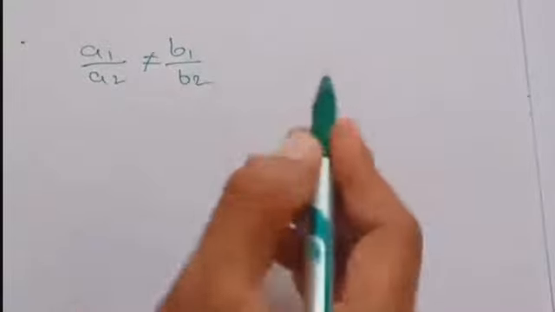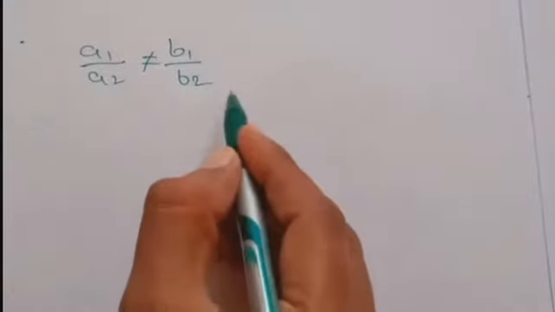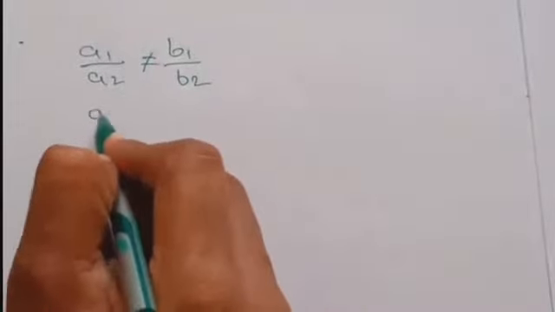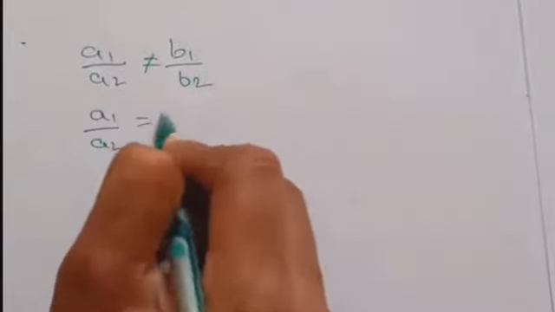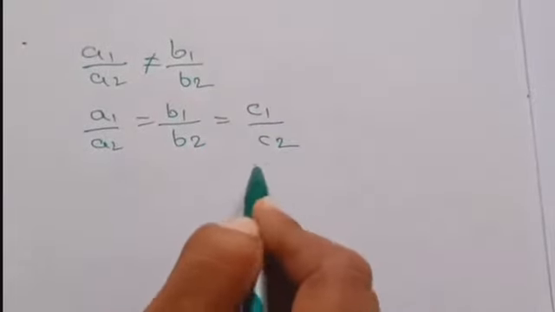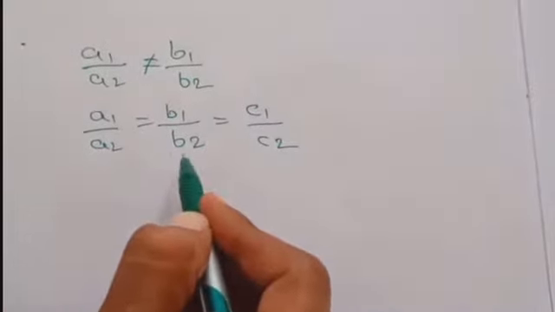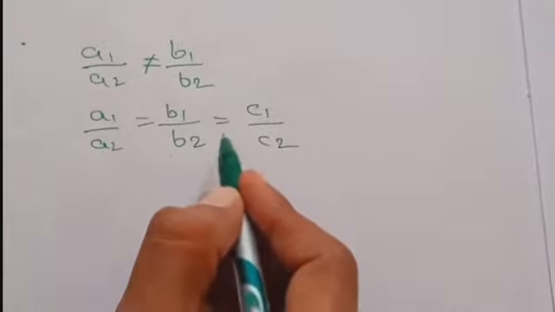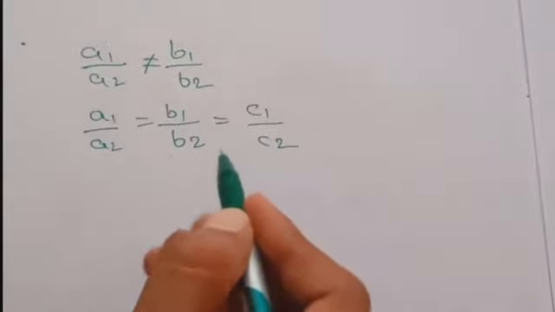I will not write it, but I will say it will be intersecting lines. Now also A1 by A2 is equal to B1 by B2 is equal to C1 by C2 is also called a consistent pair of equations, but it is called coincident lines.